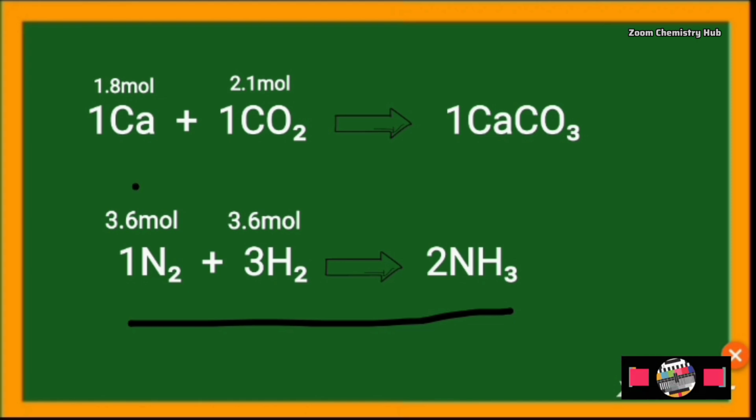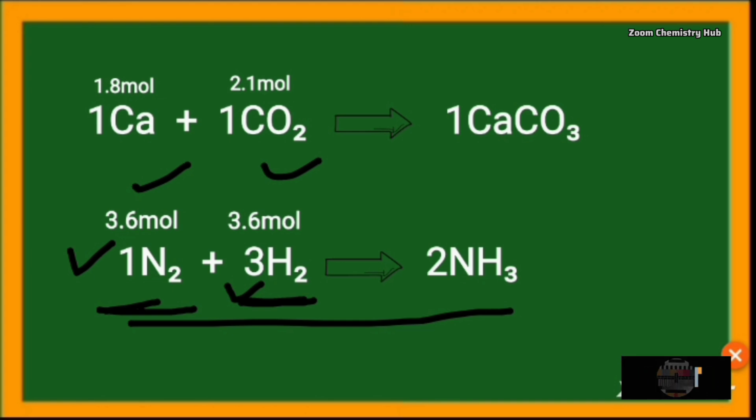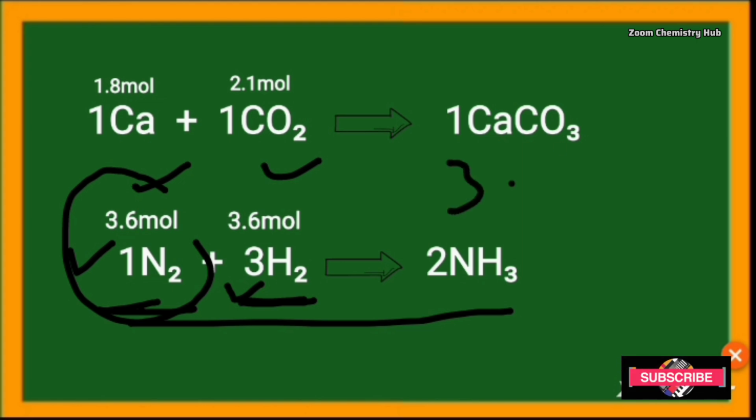Next we take the second example. In this chemical reaction the number of moles are equal, but when we balance the chemical equation, the coefficients of both reactants are unequal. The coefficient of nitrogen is 1 and the coefficient of hydrogen is 3. Now we calculate the limiting reactant using the coefficients.